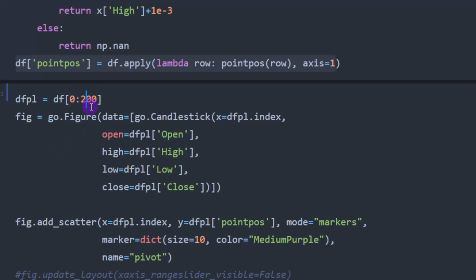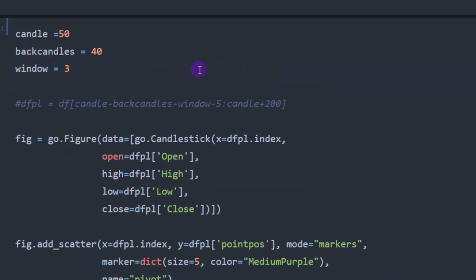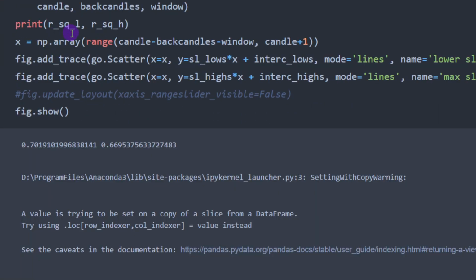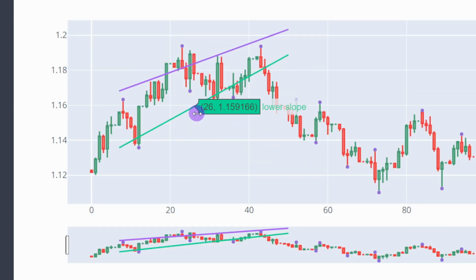We can try on a different candle. Let's say slice from 0 up to 100, and we take candle 50 and we plot this. So this is candle 50, somewhere around here, and we have these channels. Apparently candle 50 is outside of this channel. So it's not always the best optimized option, and it's not the perfect channel detector. However, you can be more restrictive when the points are very far from the fitting line.